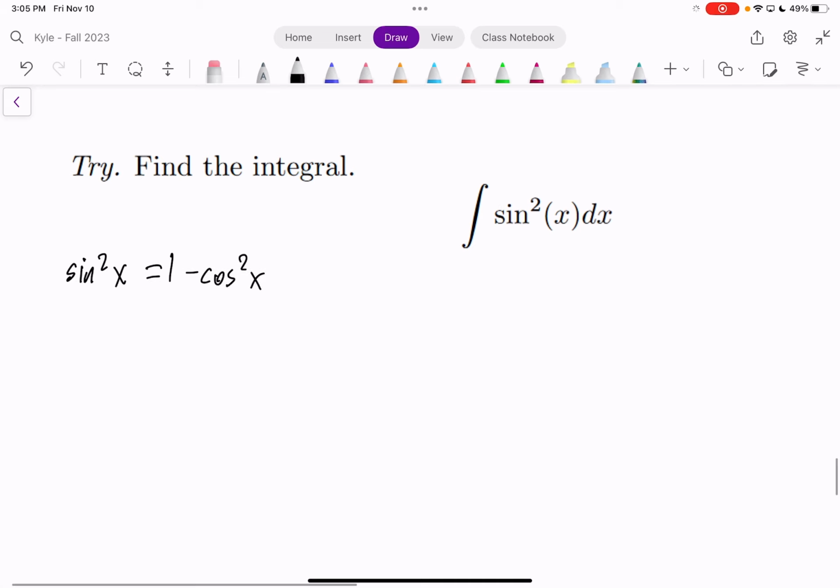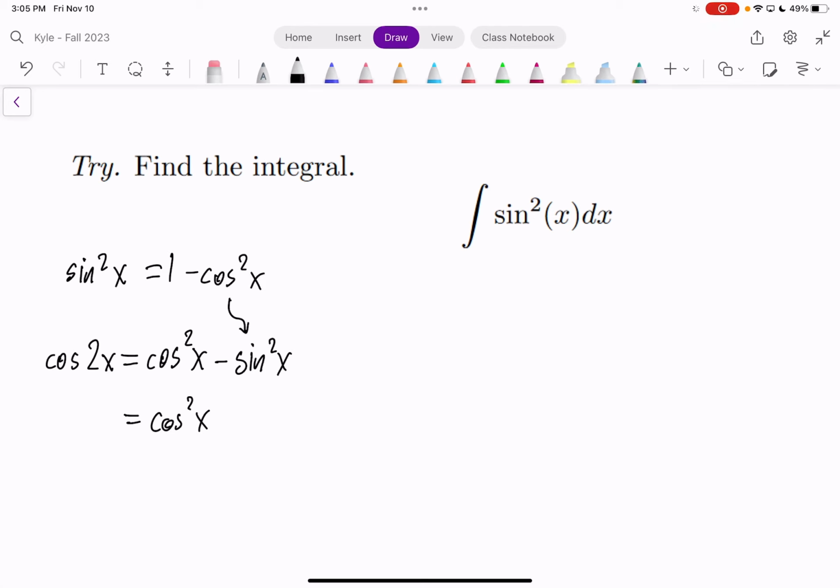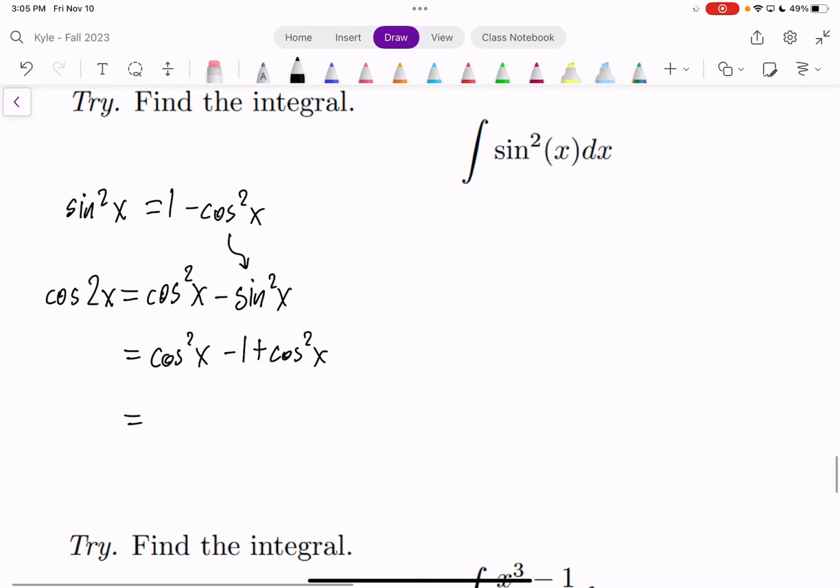We also know, and this one might be a little more tricky to remember, the double angle identity: cos of 2x is equal to cos squared of x minus sine squared of x. If we substitute that here, we get 2 cos squared of x minus 1.